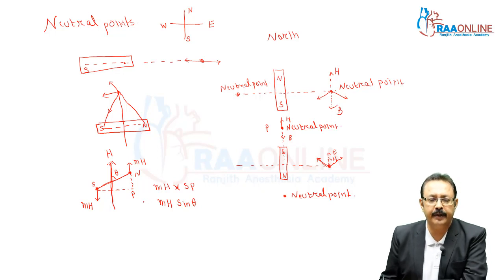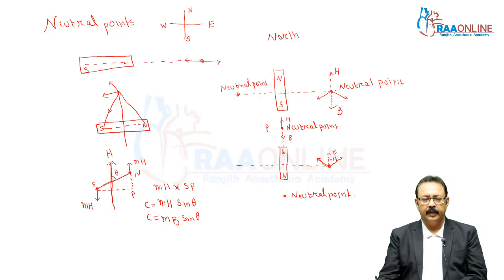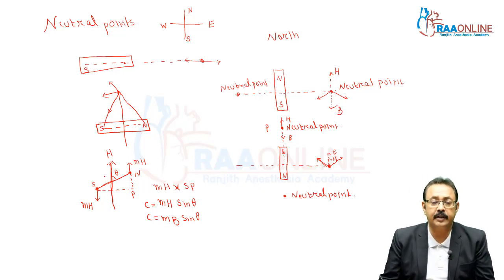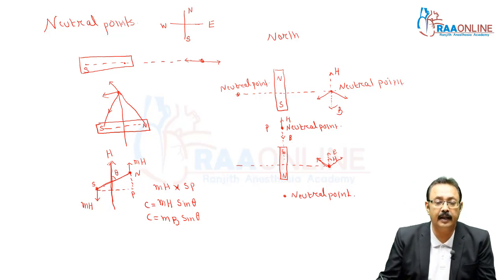If the magnetic field is B, you can write this torque as MB sin theta. The distance between them, SP, is L sin theta, and m into L becomes the magnetic moment, capital M. So the torque is MH sin theta, and if the field is B, the torque is MB sin theta.